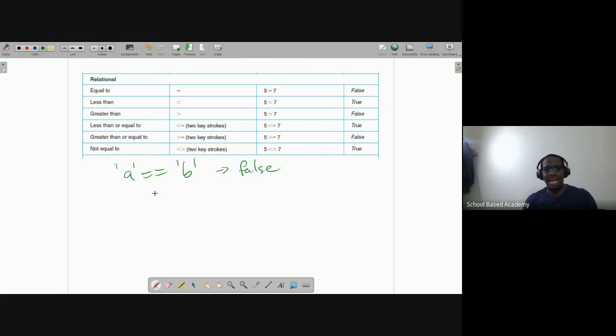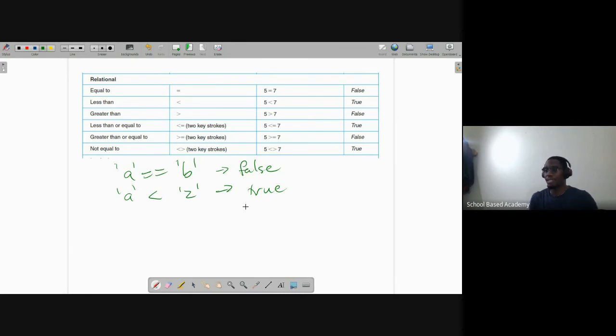Okay, you have the less than operator, right? So you can have A is less than Z, and the answer here is going to be true. And later on, I'll explain to you how this could be translated into an ASCII value. Yes, Marco, you're correct, and I will say that when we reach there. A is less than Z. A has a lesser value.